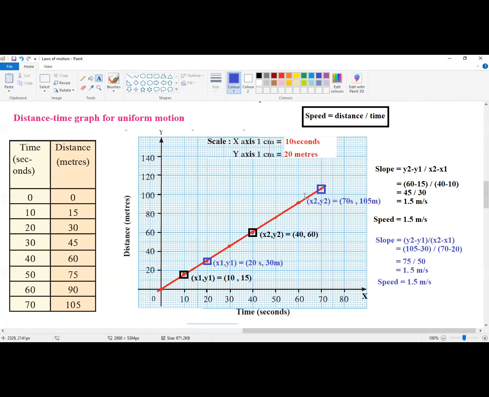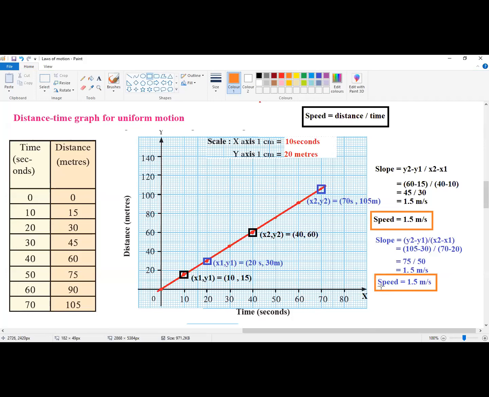Since we got the straight line on the graph, which again indicates the object is performing linear motion, but what kind of linear motion? It is performing uniform linear motion.